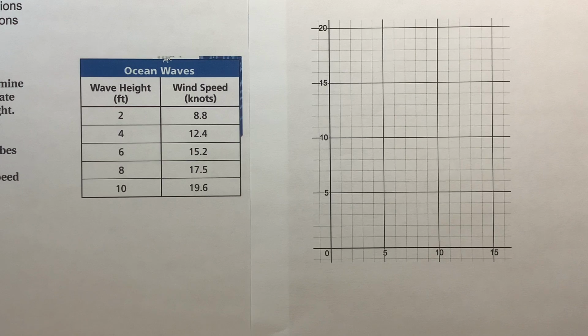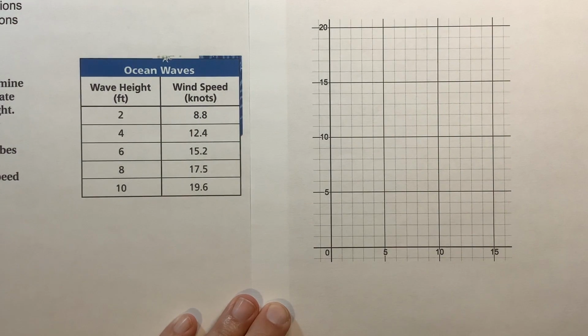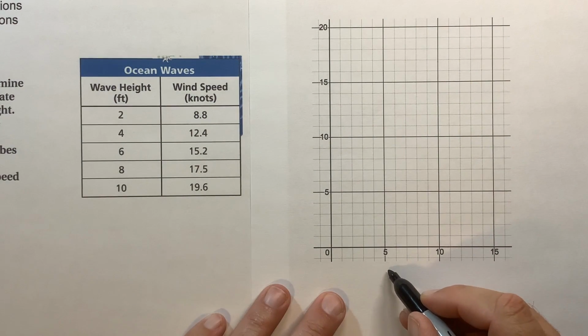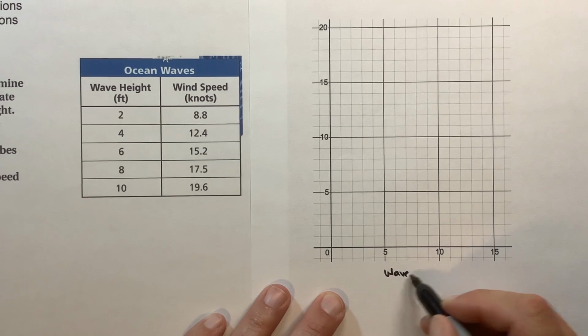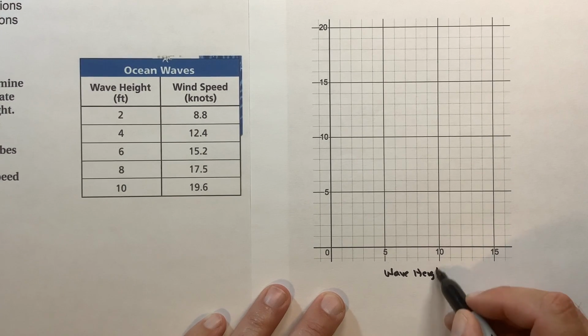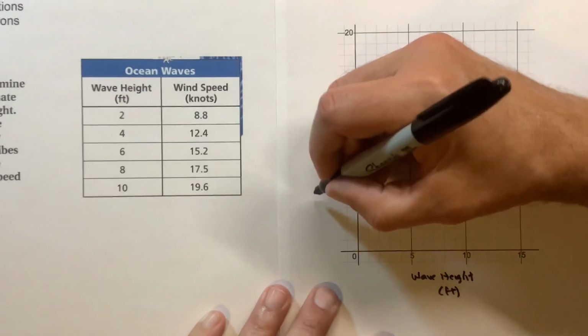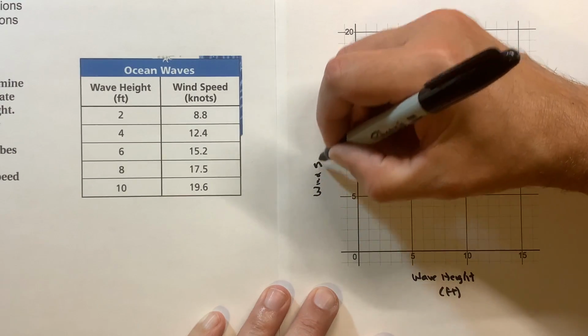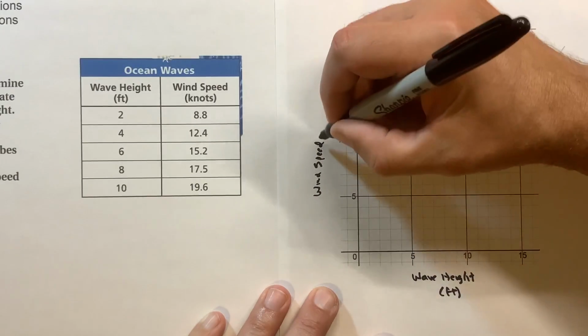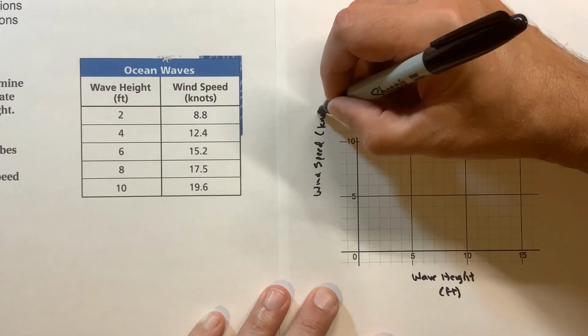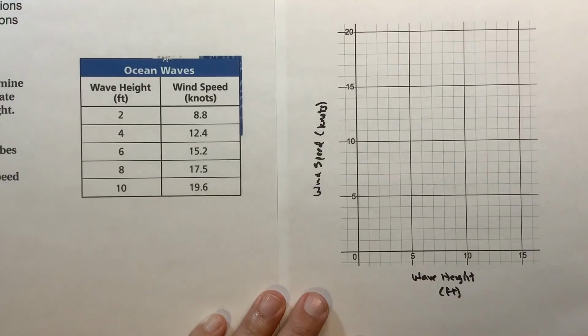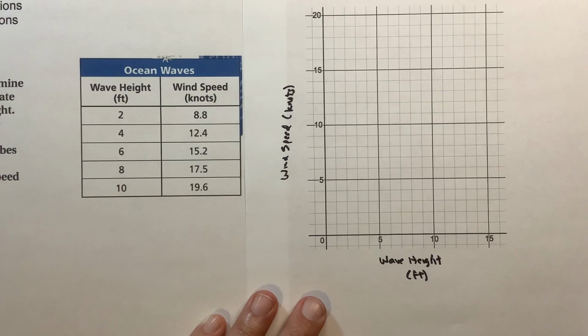So I made my grid here, and this is going to be the wave height, and of course that's in feet, and over here this will be the wind speed, and this is actually in knots, which is nautical miles.